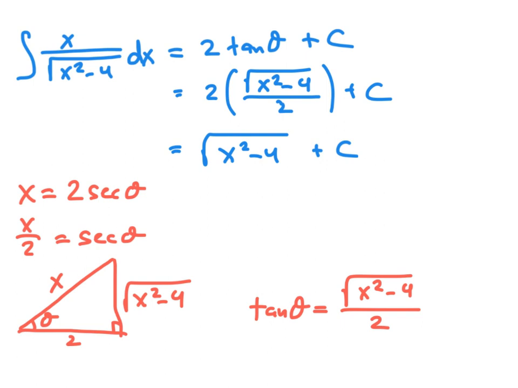From this reference triangle, we find that the tangent theta, which is opposite over the adjacent side, will be the square root of x squared minus 4 all over 2. We then substitute this in for tangent of theta in our integral, and we get 2 times the square root of x squared minus 4 over 2, all plus c. And of course, the 2's easily are seen to cancel, leaving us just with the square root of x squared minus 4 plus c.